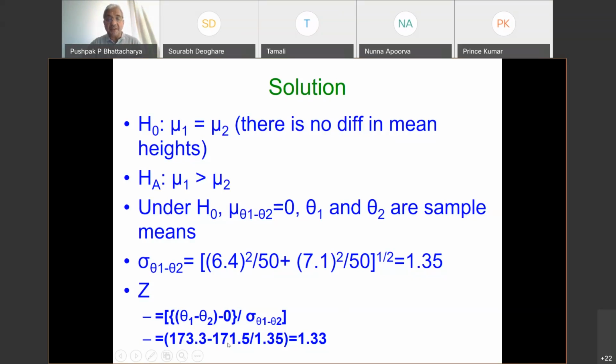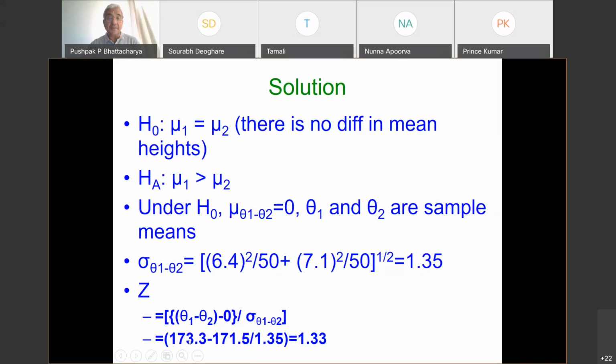We know that when two samples are considered, the mean of the difference is equal to the difference of means. But the variance is the summation of variances. This came from the central limit theorem, which we had done a few months back. So let's proceed, and when we go back to the central limit theorem, all this will again fall in place.